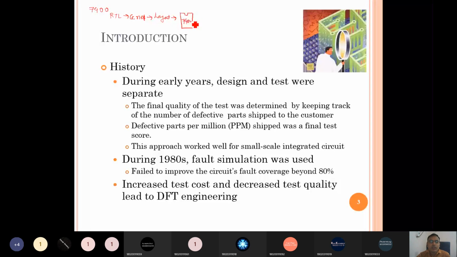So here there is no testing. It is a complete design flow, right?